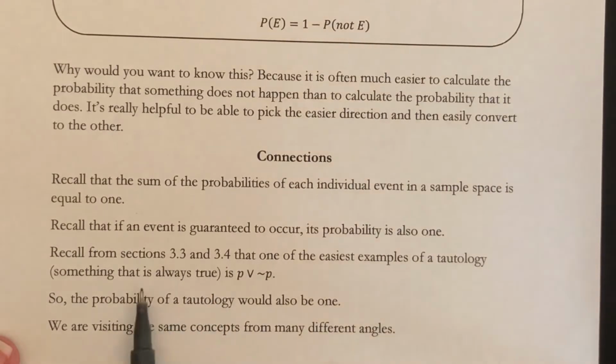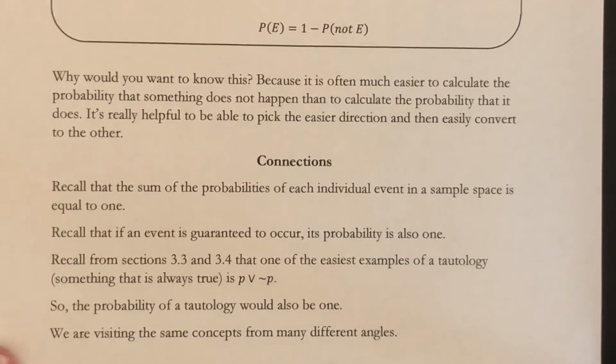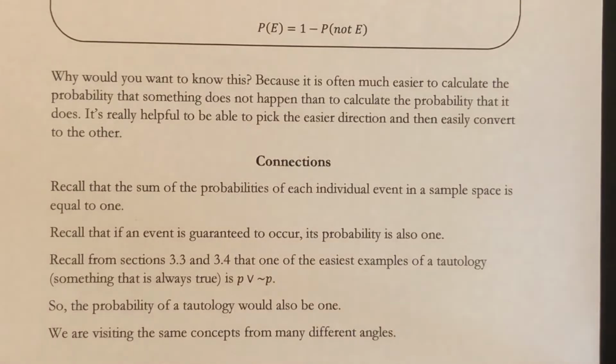This was something that is always true, which would be kind of like the event being guaranteed to occur. It's always true. P or not P. So this would be the probability that something happens or that it doesn't happen. That was a tautology, so it's always true. They're going to add up to 1.